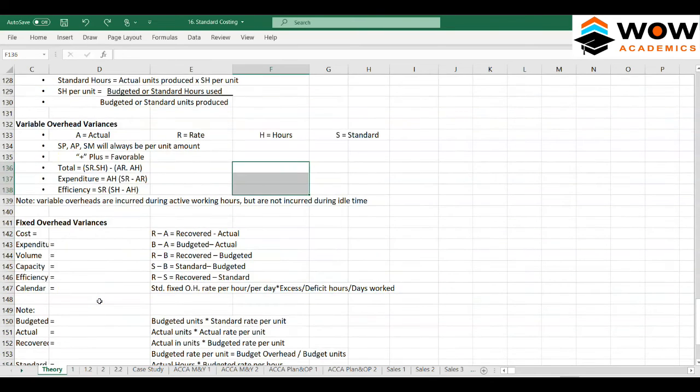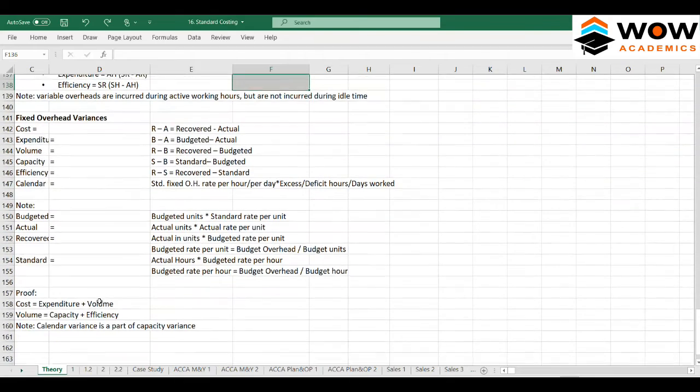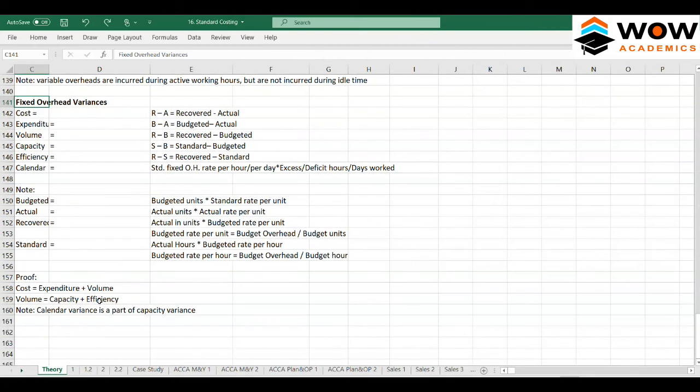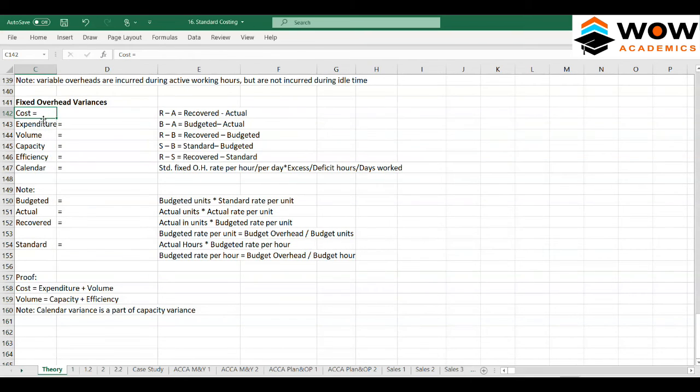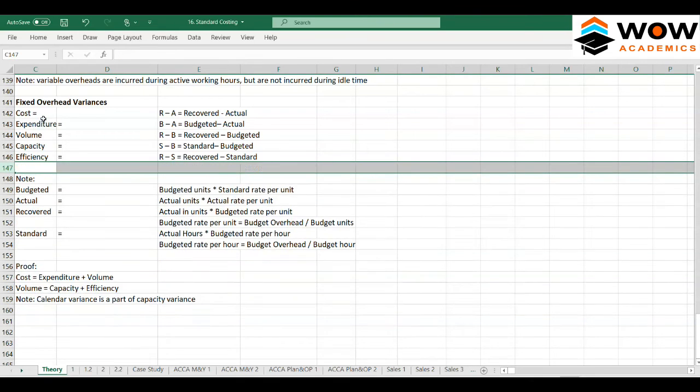And the last and the trickiest one is the fixed overhead variance. What do we do with fixed overhead variance? That is the trickiest part. In fixed overhead variance, we have many types of variances: cost variance, expenditure, volume, capacity, efficiency. There's also calendar, but in problems we won't be using calendar, or else we can even remove it.